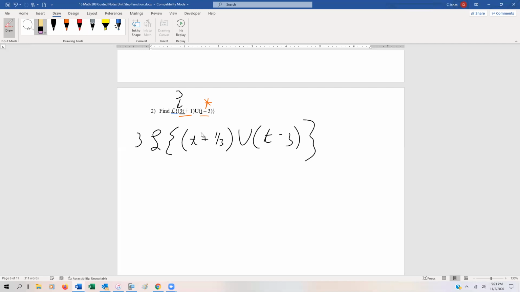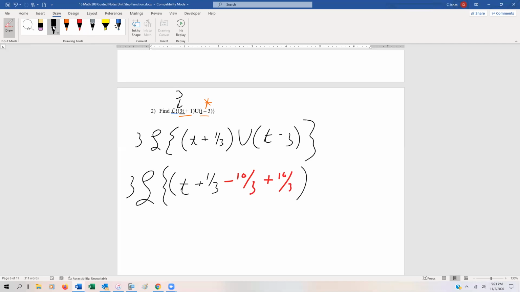All right, so we're going to do that trick that we saw earlier with Laplace transforms. Here's a sneaky trick: we're going to rewrite this as t plus 1/3, and we're going to subtract and add some number. And in this case, it's going to be 10/3.